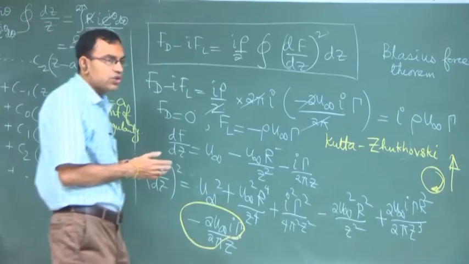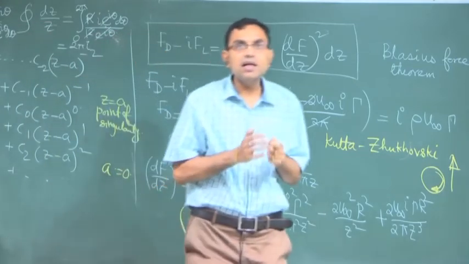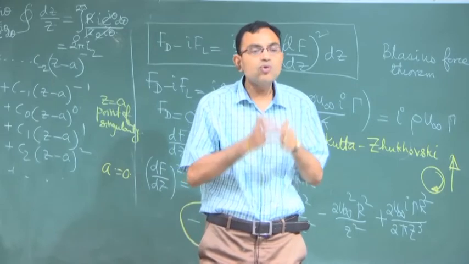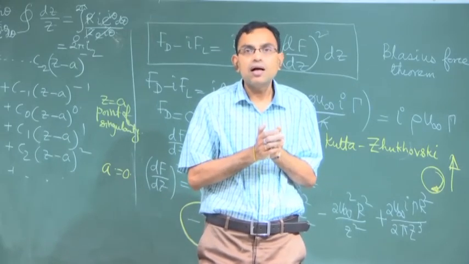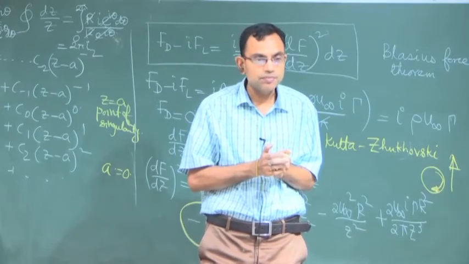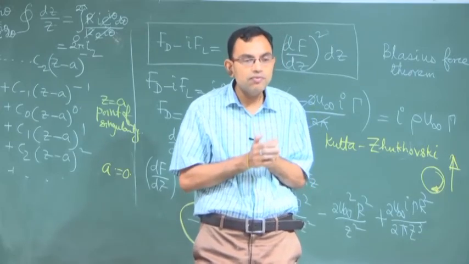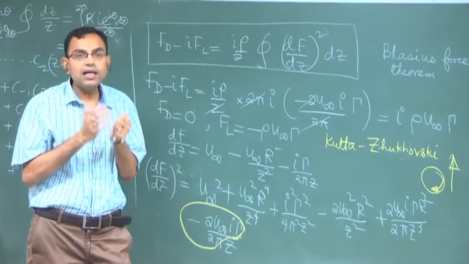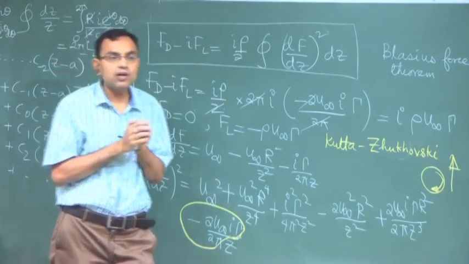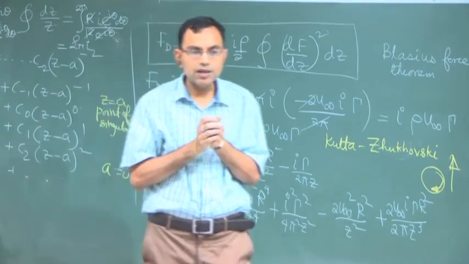So, we have understood, at least in principle, how to model flow past an object of a circular shape and how to find the lift force and the drag force. The question is, in reality all objects are not circular cylinders, right.